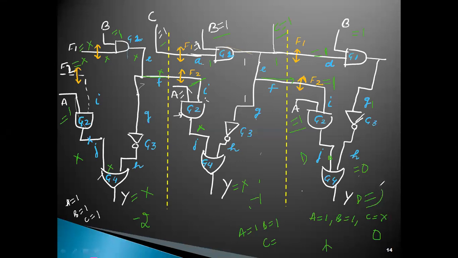So अगर यहाँ पे stuck at 0 fault है, ये 0 है, ये 0 है, तो आउटपुट 0 आएगा. अगर stuck at 0 fault नहीं होता, ये लाइन 1 होती, तो यहाँ पे आउटपुट 1 होती. So this would have been my good output. This is my bad output, which is correct that my output is passing D. कोई भी फॉल्ट लाइन जब गुड में 1 हो, और बैड में 0 हो, तो उसको हम D से रिप्रेजेंट करते थे. So that is how we are doing the time frame expansion. Are we able to understand?